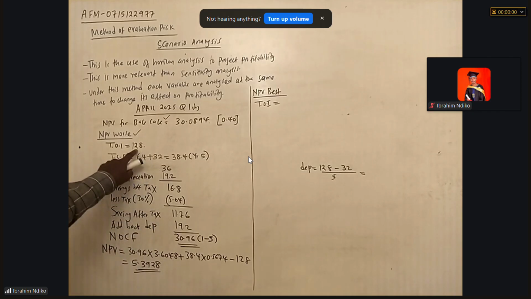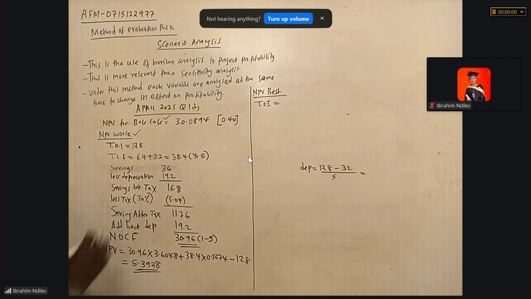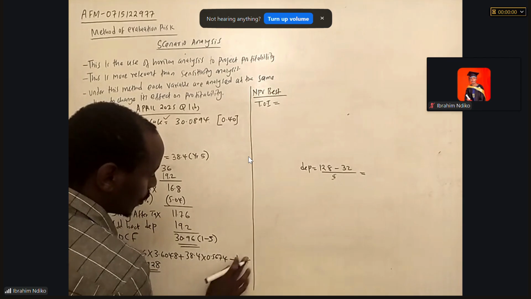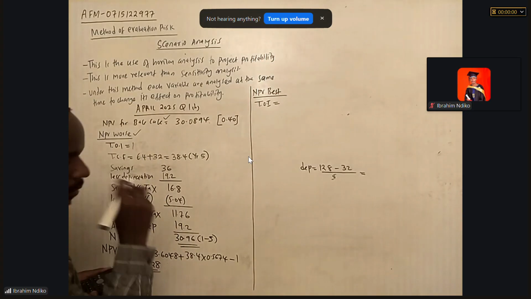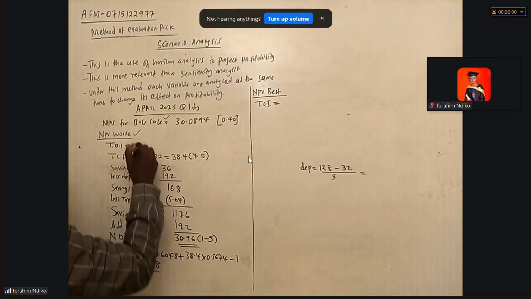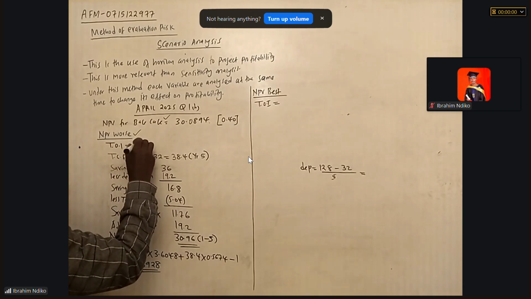So itakuwa tofauti na ya base. Hebu turudie hii 128. Purchase cost ilikuwa how much? Ilikuwa 100, sivyo?